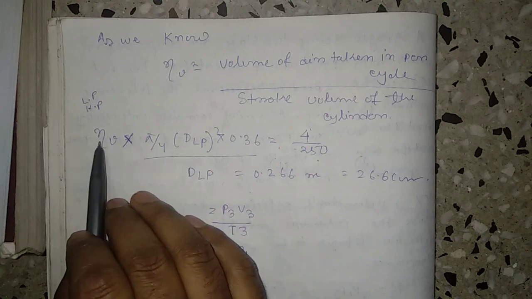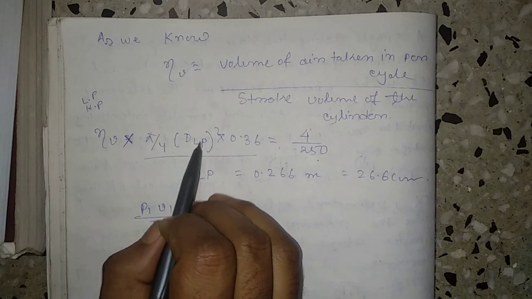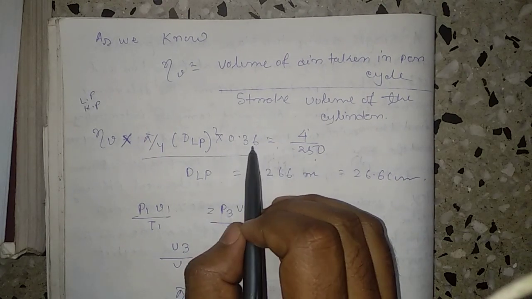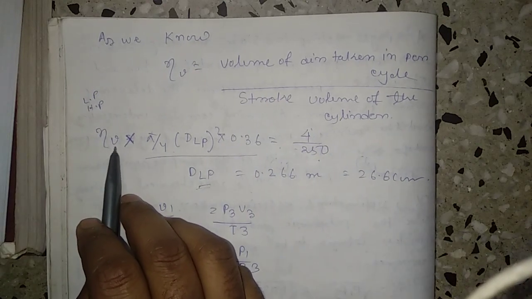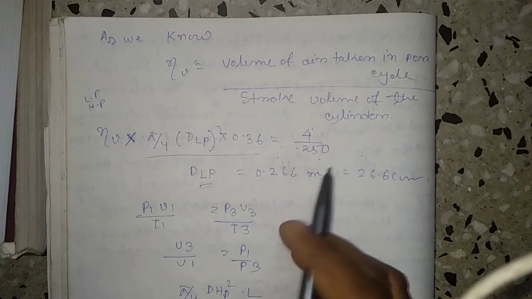So volumetric efficiency into pi by 4 into d of low pressure squared into H, so 0.36 here. The value of volumetric efficiency is given, that is 75%, I think, in the numerical.